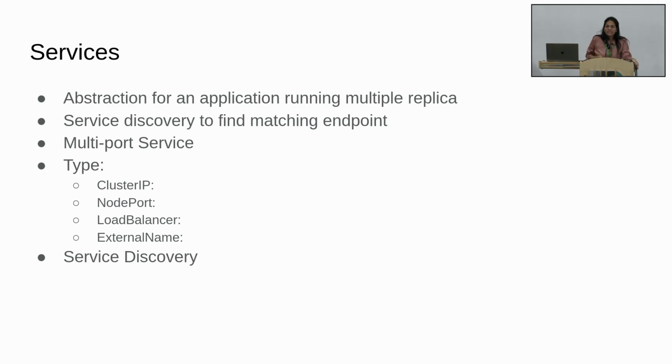That's cumbersome, right? If I have 100 applications running, I can't do get pod for all 100 applications and keep editing and adding that IP everywhere. So you need some abstraction so that you can easily connect to these pods that are running.